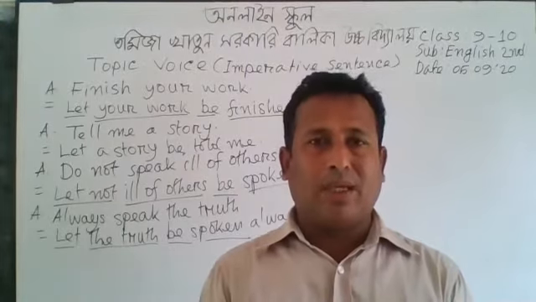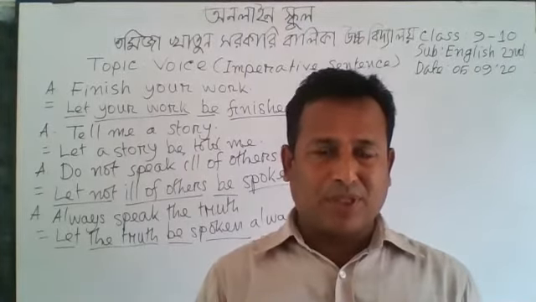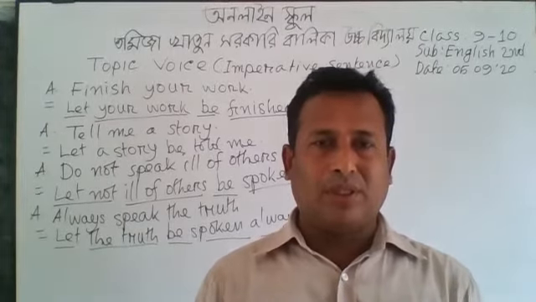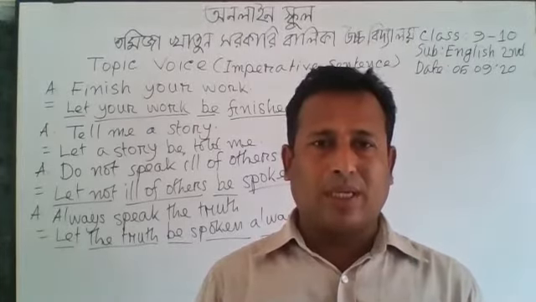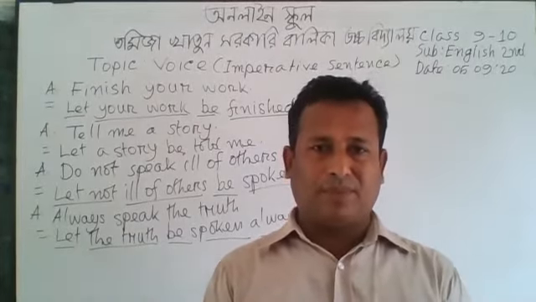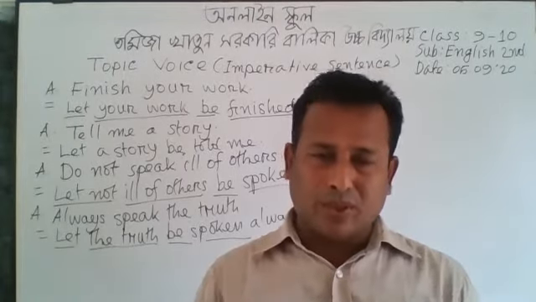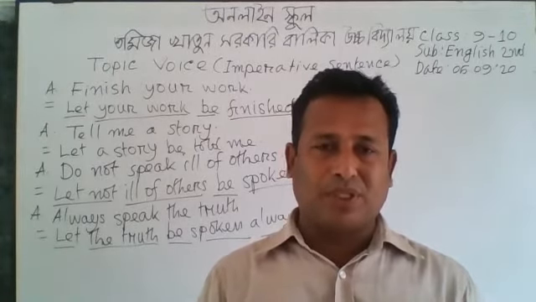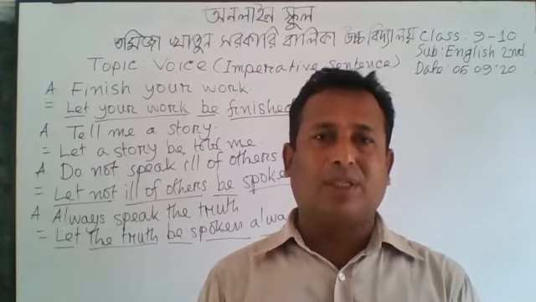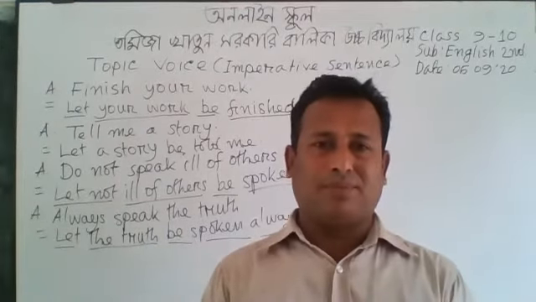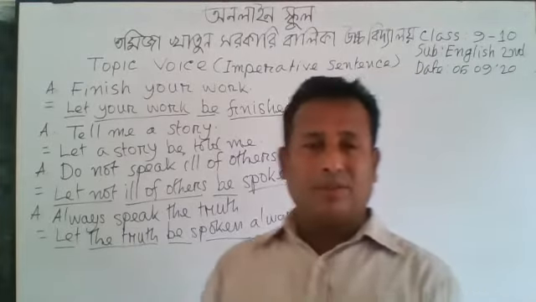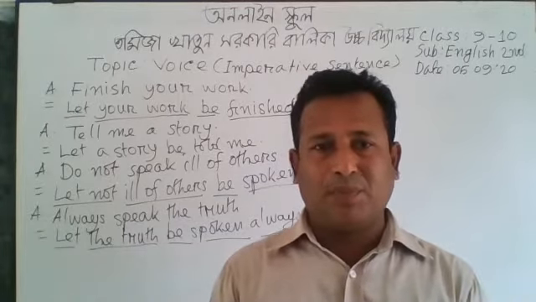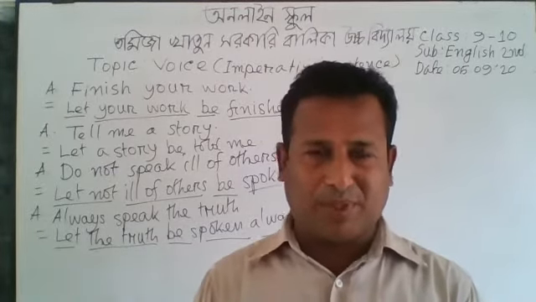And then according to the person and number of the subject and tense of the active voice, we will use an auxiliary verb. Number 3, always PP, past participle form of the verb.